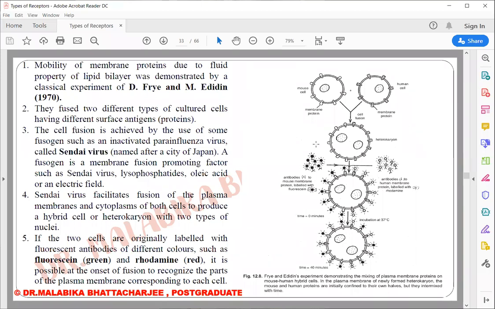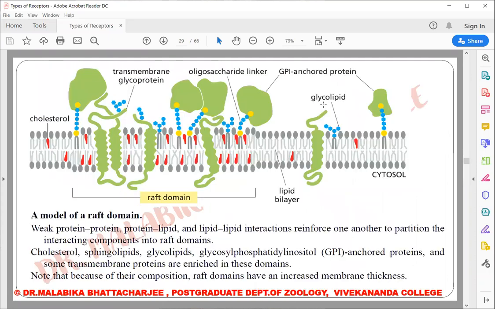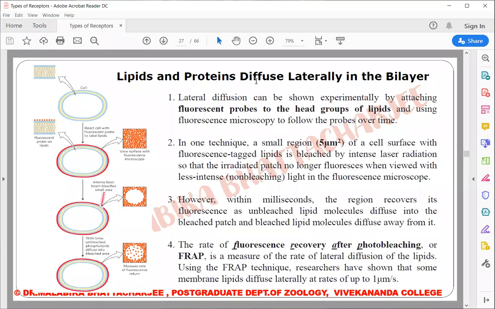If the question comes, prove by an example the lateral diffusion of the lipids, give the FRAP experiment, because this labeling was done on the lipid heads. So it was basically an experiment to see the lipid movement through the bilayer.